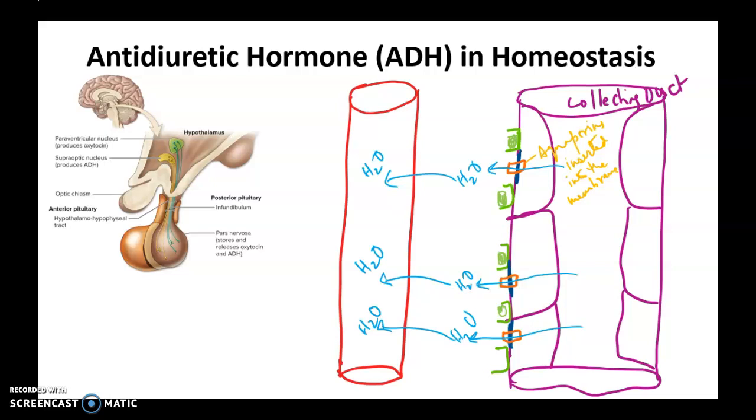Via these aquaporin molecules, water comes out of the filtrate and then ultimately enters the blood capillary. This is how water is reabsorbed from the filtrate and enters our bloodstream. This ultimately results in a more concentrated urine. Why? Because we are taking out water at this point.